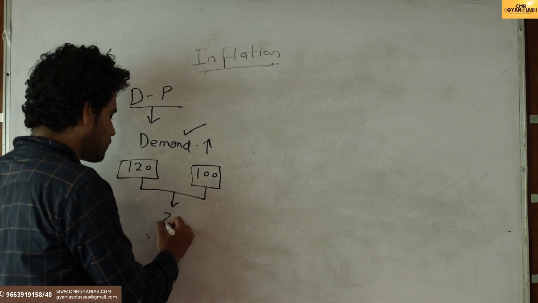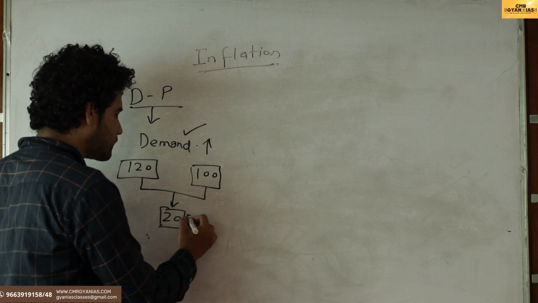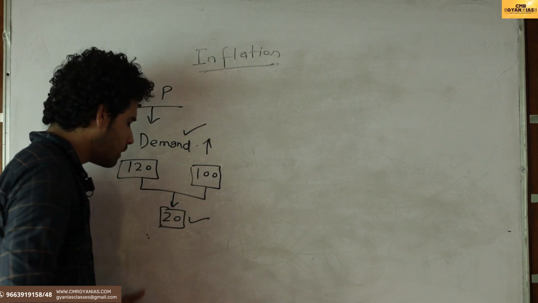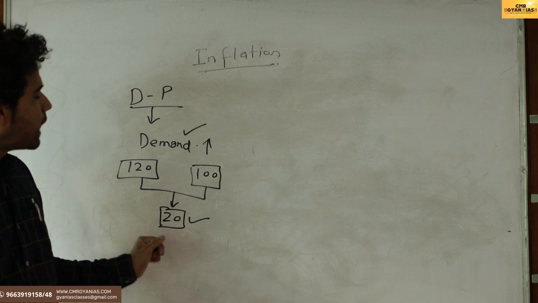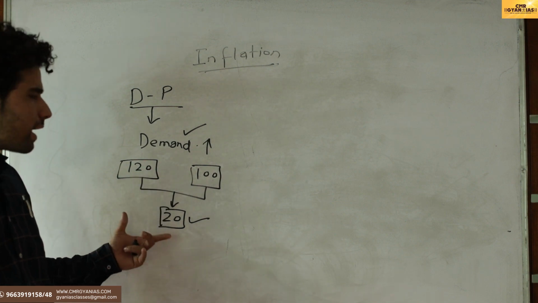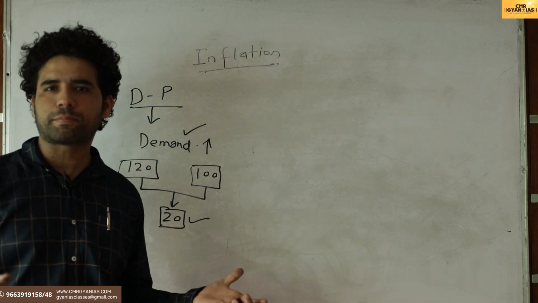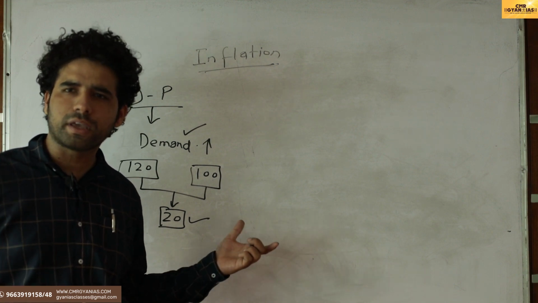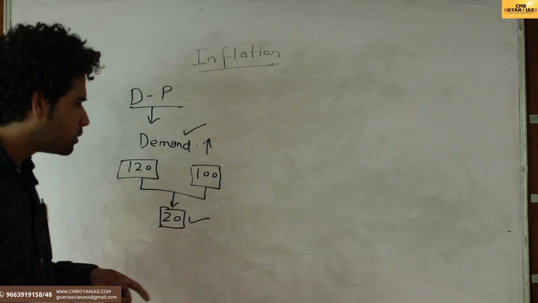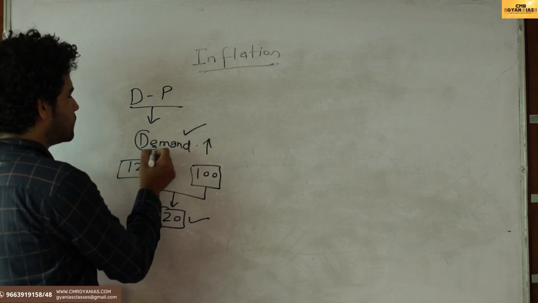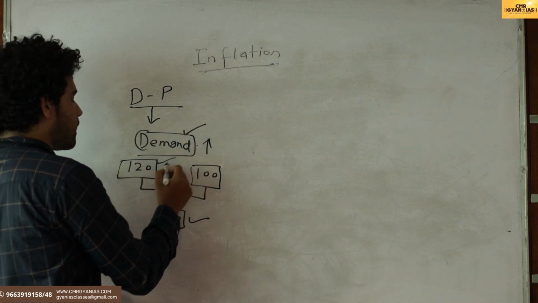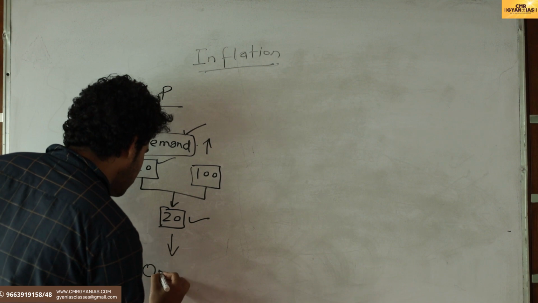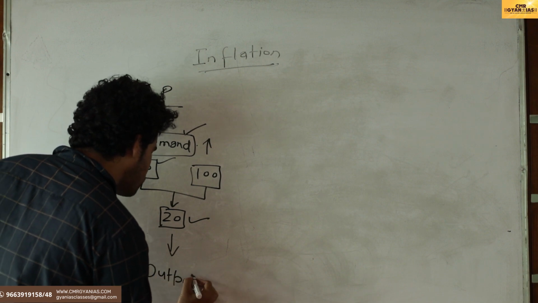They shall manufacture 20 extra units of that particular commodity. When there is extra production, extra manufacturing, then there is more employment in the economy, more GDP growth and all. So demand pull inflation, when demand rises, is basically pulling up the output in the economy in the long run.